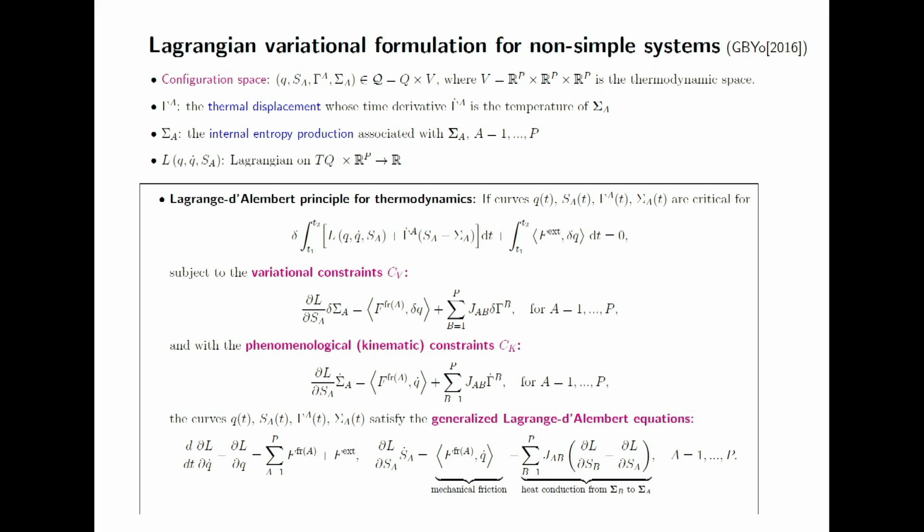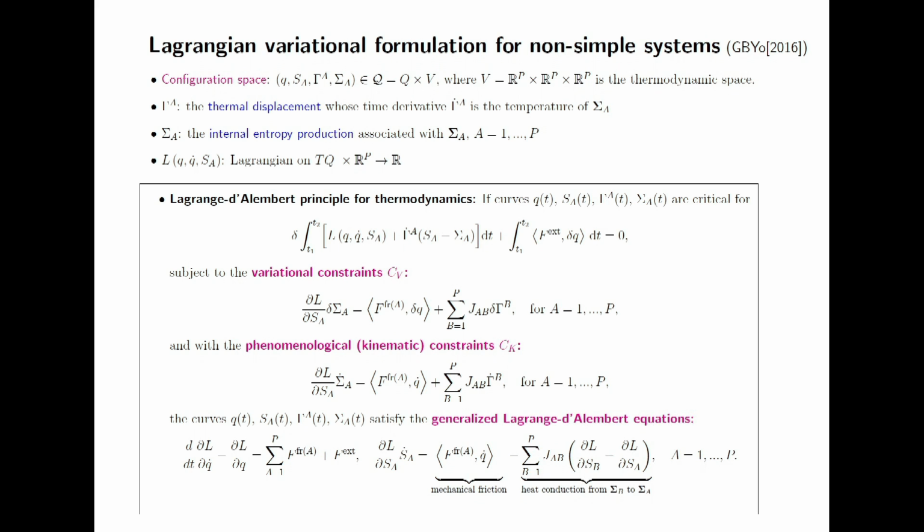Notice that this kinematic constraint is a nonlinear non-holonomic constraint. I will show you the abstract setting later. The first equation is the usual Euler-Lagrange equation with friction force and external force. The latter one is a part of our Lagrange-d'Alembert equations associated with thermodynamics. Since dL/dS is minus temperature, T S dot means the power associated with the entropy production.